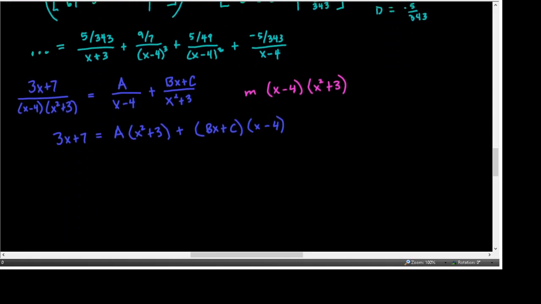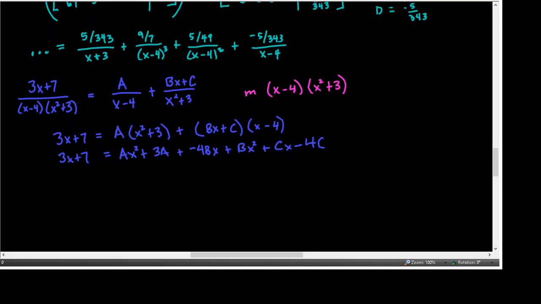Okay, so doing the multiplication on the right side, I get ax squared plus 3a plus negative 4bx plus bx squared plus cx minus 4c.